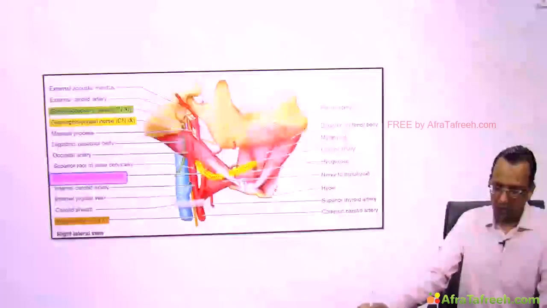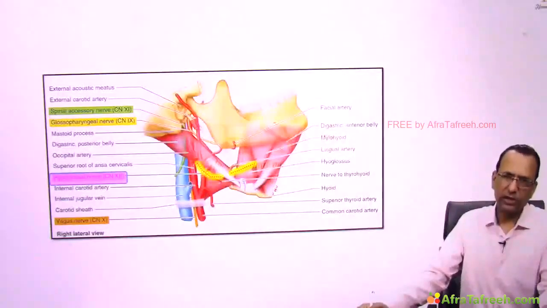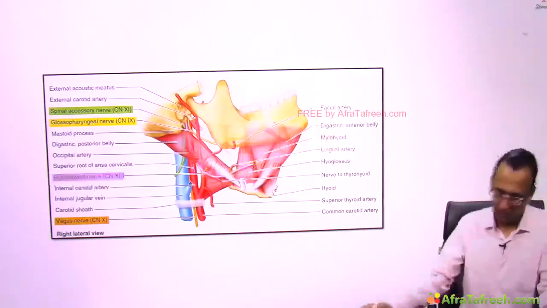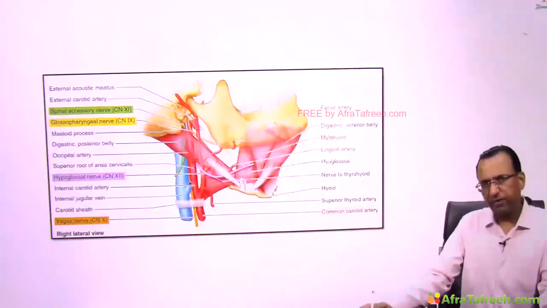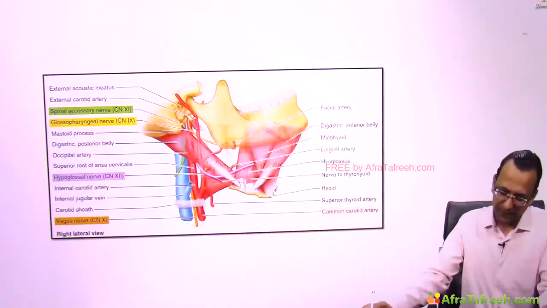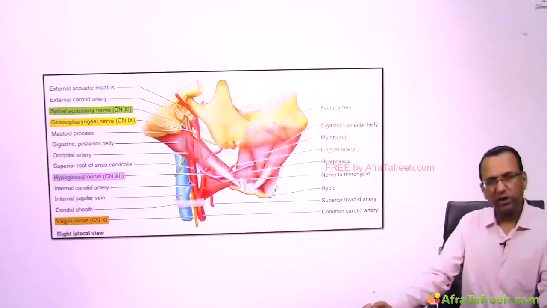So this is the hypoglossal nerve in the carotid triangle, and you know this is the carotid triangle because the common carotid artery bifurcates into two branches, the external and internal carotid arteries. The common carotid artery is followed by a vein inside a sheath called the carotid sheath.